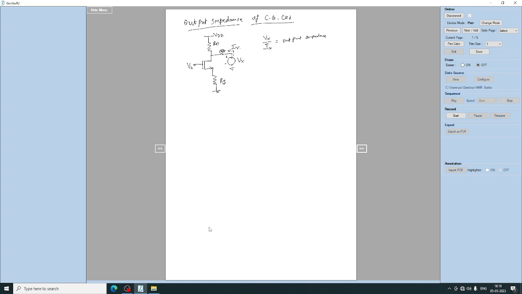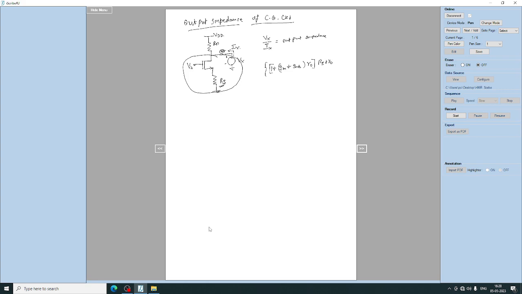For the common source amplifier with source degeneration resistance Rs, we obtained the output impedance as (1 plus (GM plus GMB) into R naught) whole multiplied by Rs plus R naught.